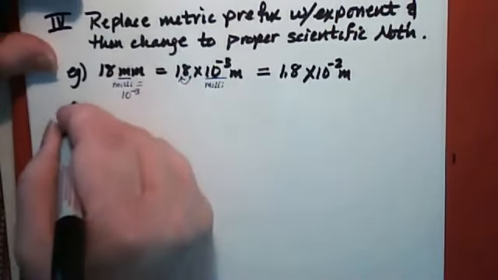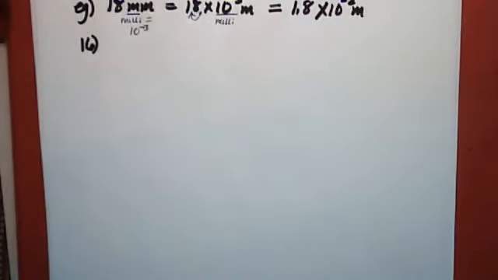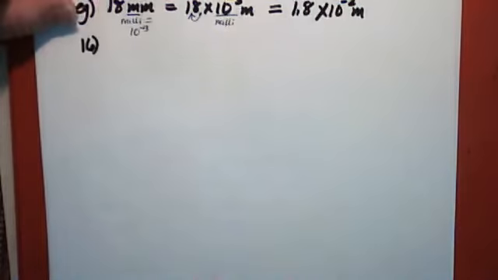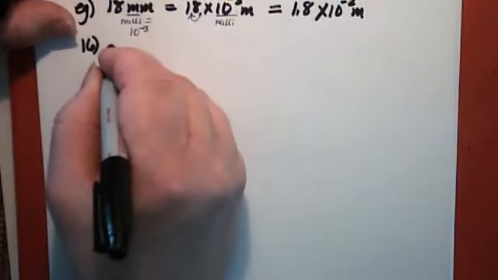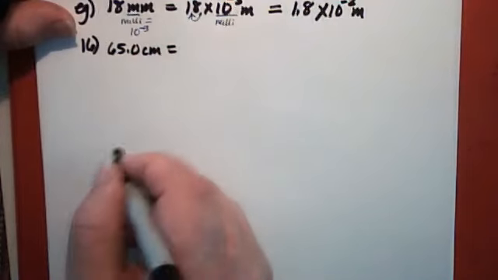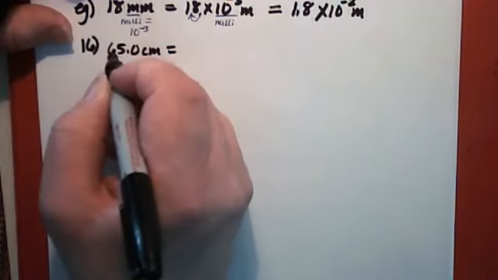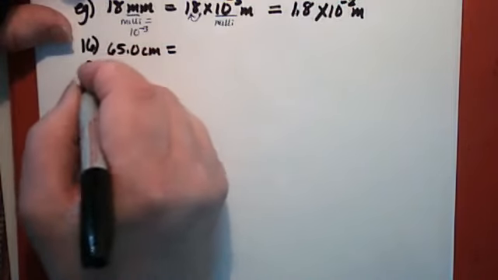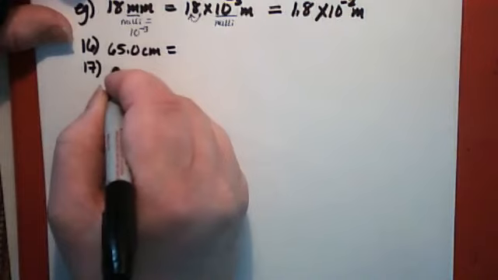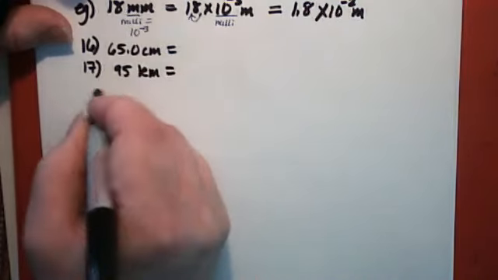All right, so number 16, as before, I'll set it up and then you can pause the video and try it on your own. 65.0 centimeters. Then we have 95 kilometers.